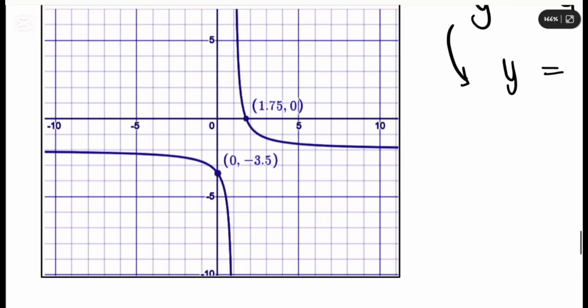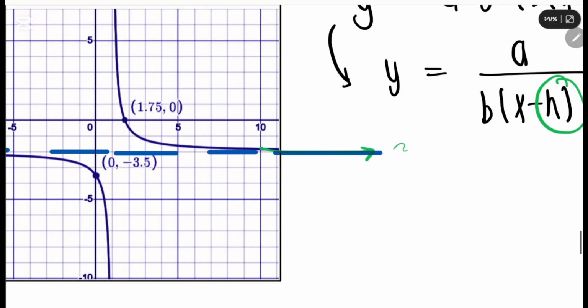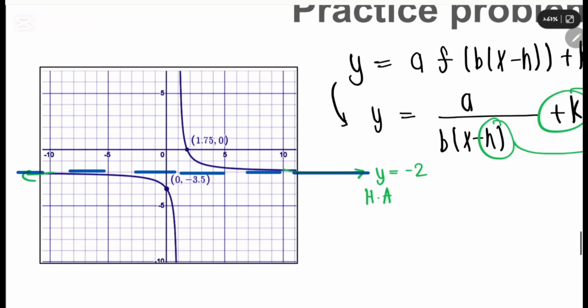Horizontal asymptote is going to be right here. Why? Because if you imagine the graph just extending forever, it's going to approach. It's not going to reach it, right? But it's going to eventually approach this line. Yeah, this horizontal line at y equals -2. That's your horizontal asymptote. You have to label this, right?